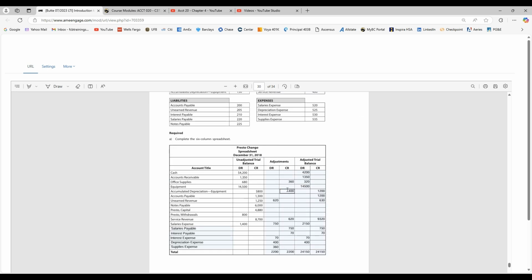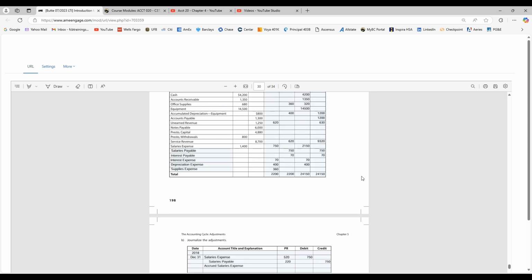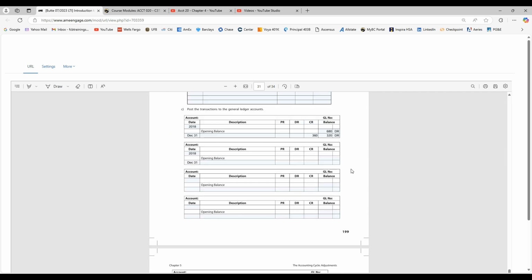So it'll be office supplies, accumulated depreciation, then unearned revenue, then service revenue, then salaries expense, salaries payable, interest expense. All these accounts that have the adjustments are the ones that you're going to be putting into the general ledger essentially.